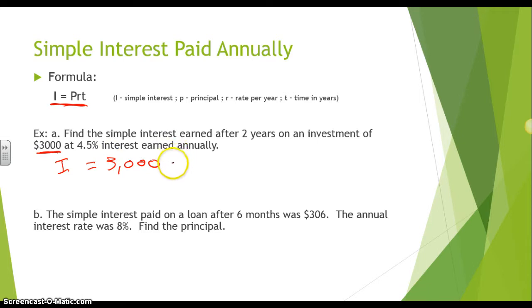My rate is the percent per year. So this here is 4.5%. We do need to make that 4.5% a decimal, which is going to be 0.045 times my T, years, which is 2. I multiply that all out, so my I, my simple interest, is going to be $270.